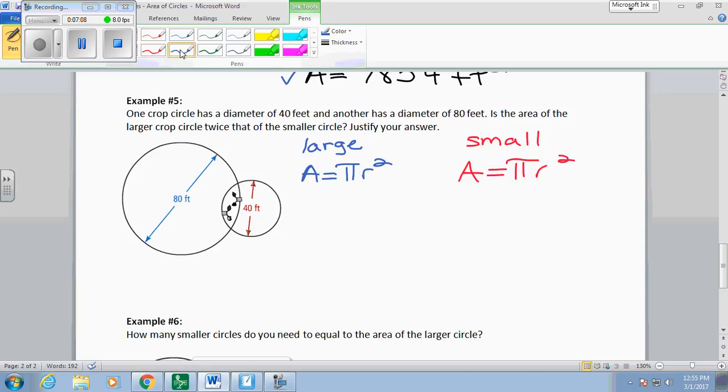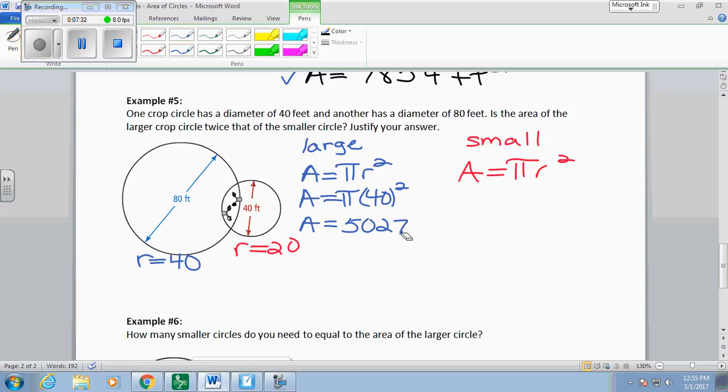They gave me the diameters for both of them, so that would mean that the radius on the larger one would be 40, and the radius on the smaller one would be 20. We go through, we substitute this in. I'm sorry, I take that back.